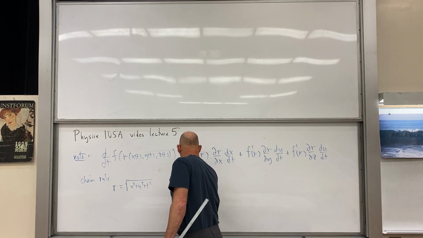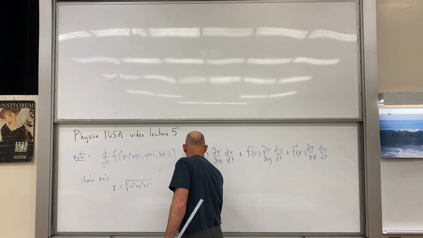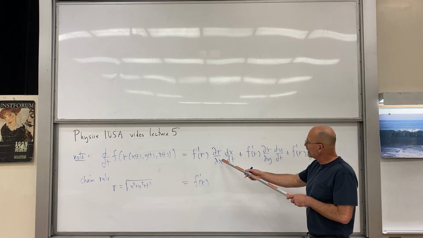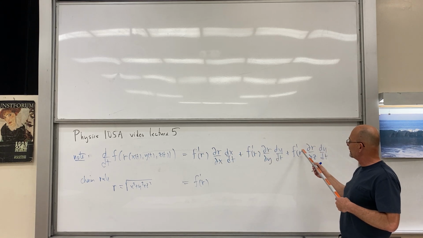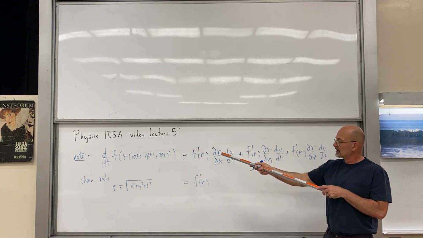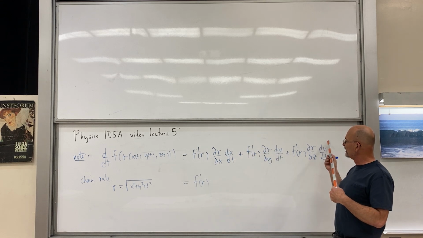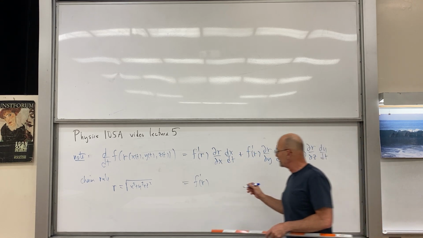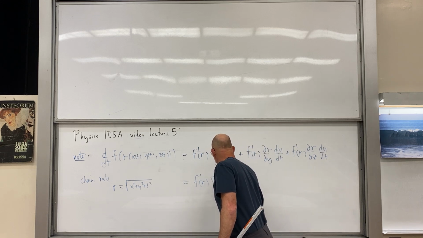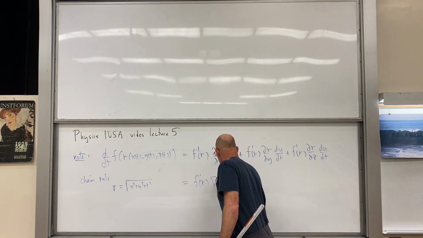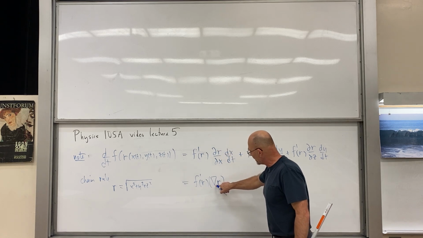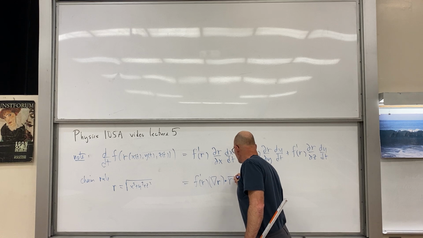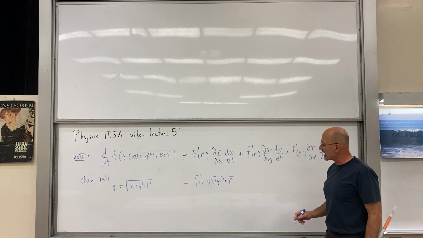We will then have, common to all of these, f prime of r, but then dr/dx, dr/dy and dr/dz multiplied by these x, y, and z derivatives, and that is clearly a dot product. So that would be the gradient of r. r is a scalar, but its gradient is a vector, dotted into the velocity, which we've learned to write as r dot.